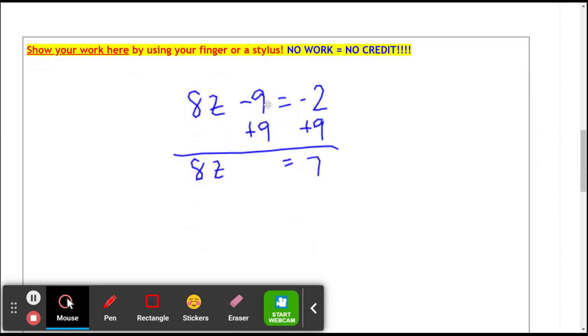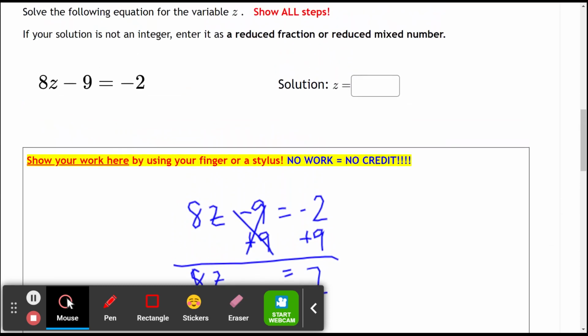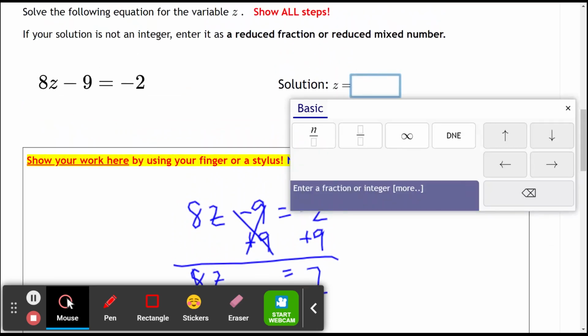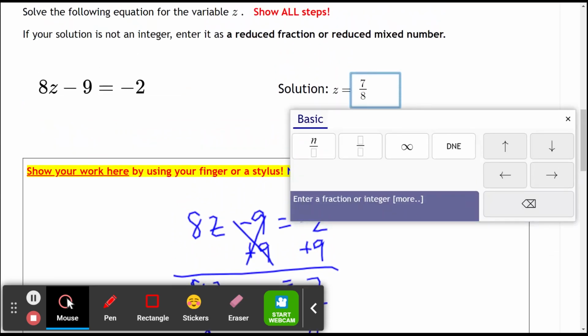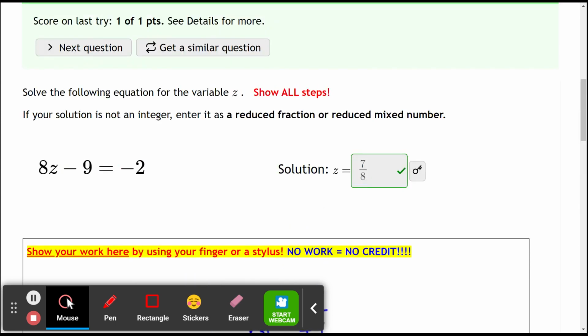And so the inverse operations cancel each other out. 8 times z, well, you divide by 8. Those cancel each other out. 7 divided by 8. I can figure out what 7 divided by 8 is, but we can just leave our answer as a reduced fraction, 7/8, and it's fine.